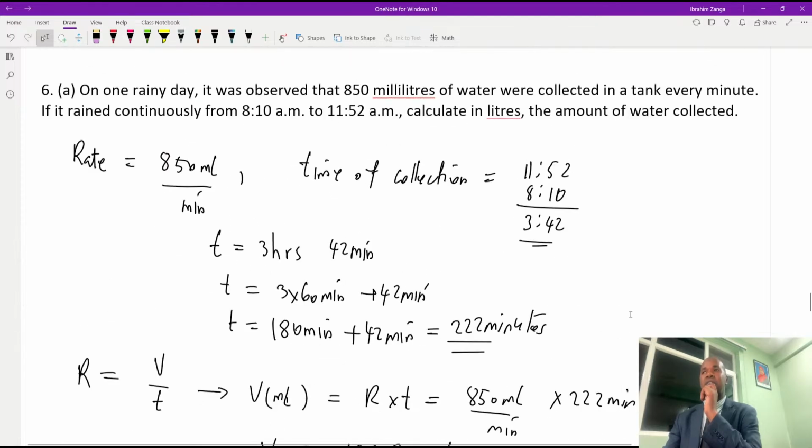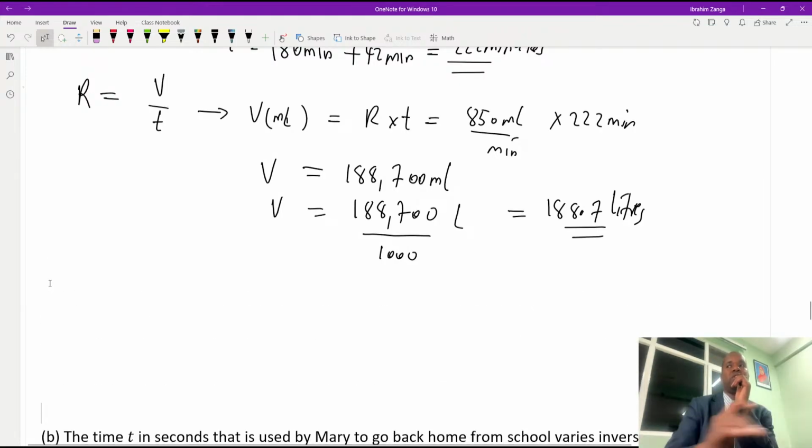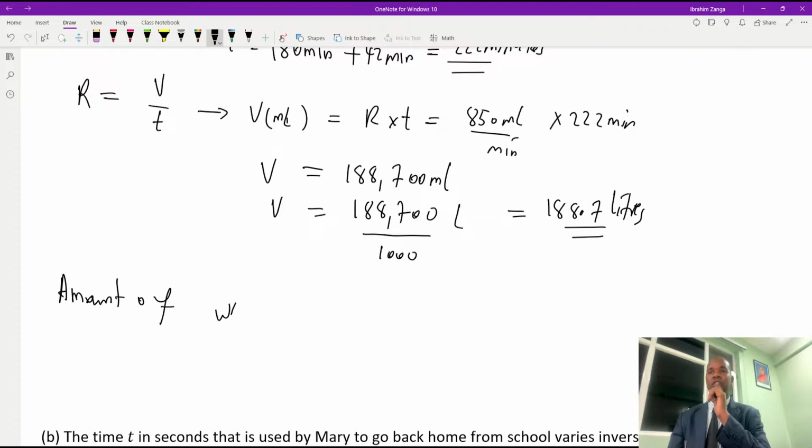So according to the question, calculating in liters the amount of water collected, the way we are going to conclude, we're going to say that the amount of water collected is 11.1 liters.